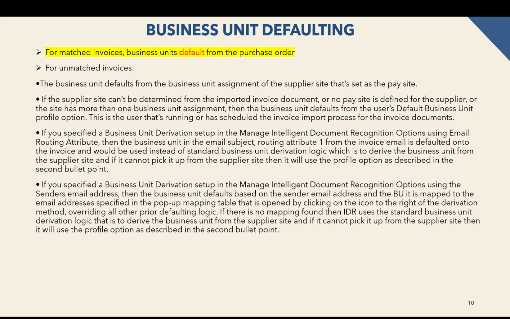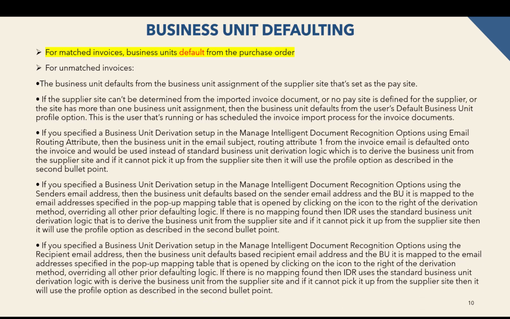If there is no mapping found, then IDR uses the standard business unit derivation logic, that is, to derive the business unit from the supplier site. Again, if it cannot pick it up from the supplier site, it will use the profile option of the users.